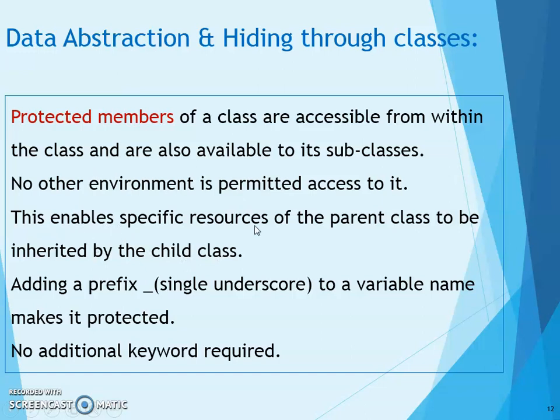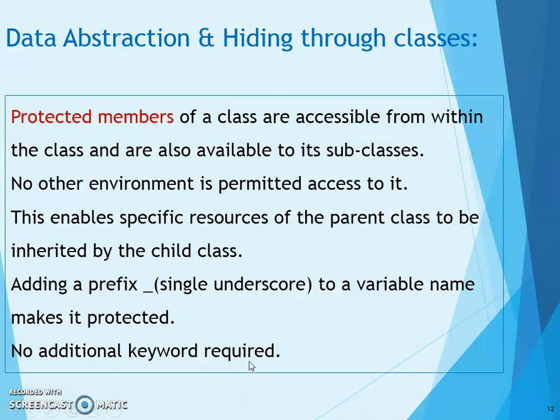So how to recognize whether it is protected or not? If we add a prefix of a single underscore, then those variables are called protected. No additional keyword is required to define these members as protected.